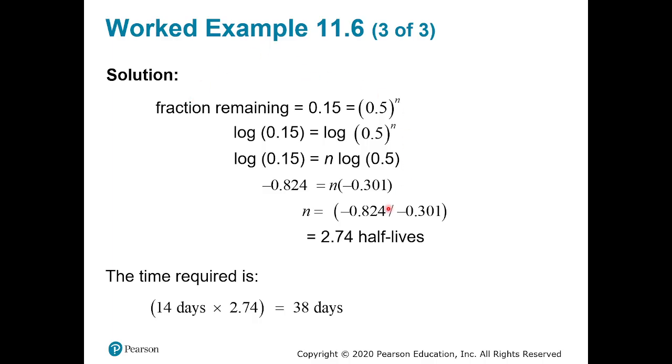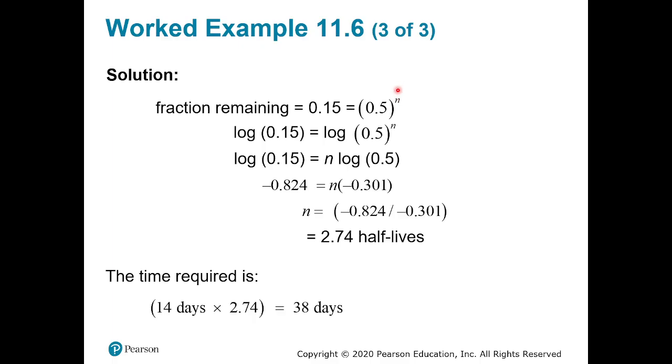So mathematically, we have fraction that remains equals, we went ahead and changed percentage into a fraction. Can everybody see it okay? That's 15% in fractional or decimal form, right? And that's equal to 1/2 to the n power.